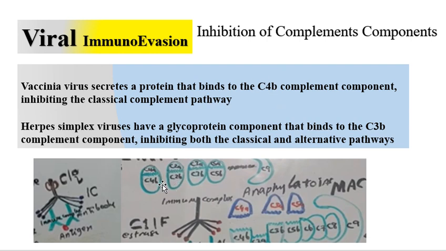This is here C3b, C3b and C4b, and this interferes with the complement pathway, interferes with formation of the membrane attack complex, interferes with formation of anaphylatoxins, which are very important for lysis and important for the inflammation during infection.